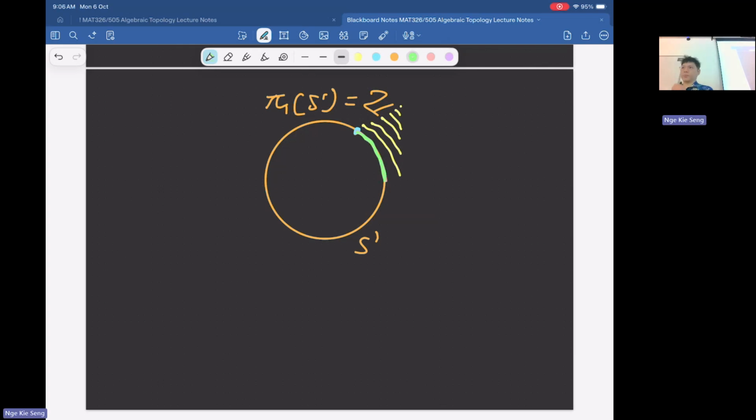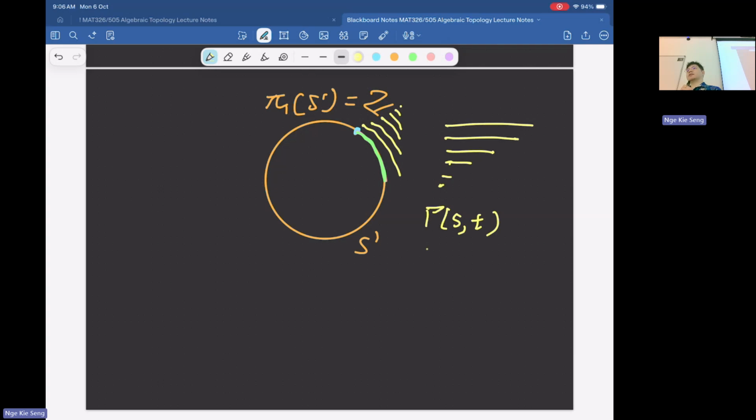They can contract to a point, but this path gets shortened. Because if you remember, what's the definition of a homotopy?